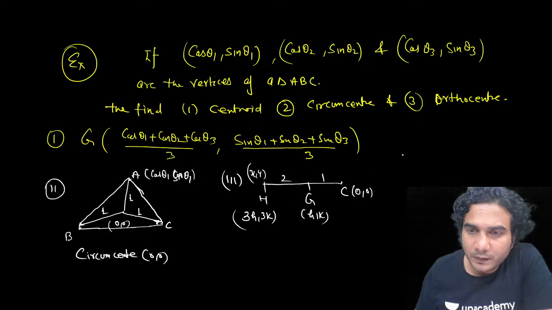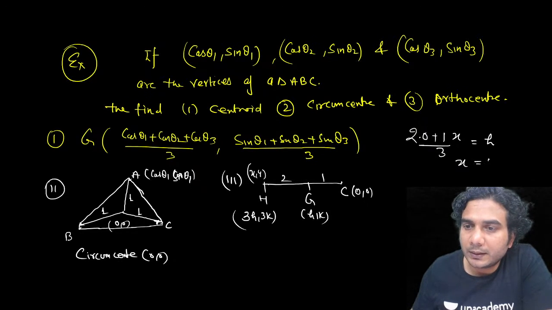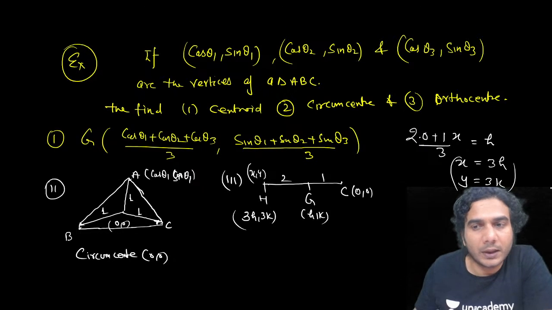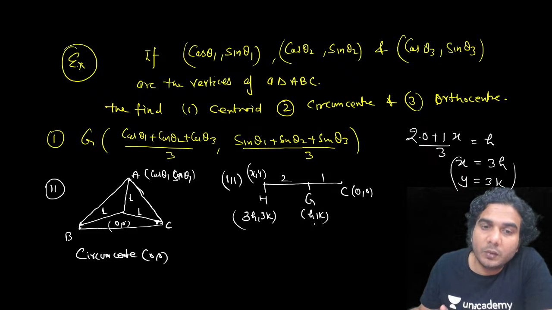See, apply the section formula. So you can write 2 into 0 plus 1 into x, divided by 3, is equal to h. So you can see x is going to be 3h. Similarly, y is going to be 3k. In this way you can find the orthocenter applying the section formula. Now here, h is cos theta 1 plus cos theta 2 plus cos theta 3 by 3, so 3h will be cos theta 1 plus cos theta 2 plus cos theta 3.